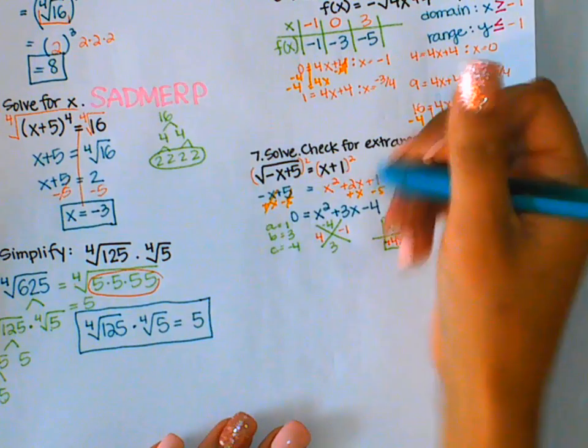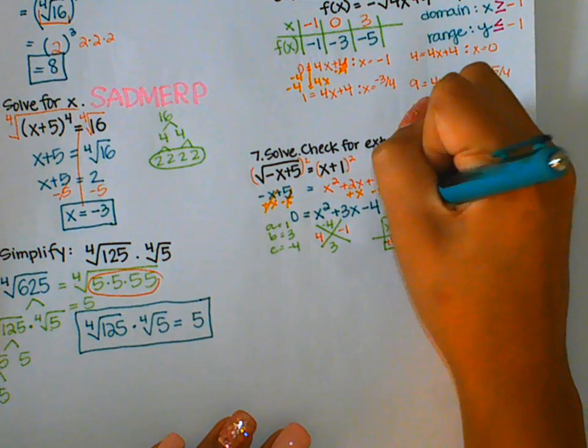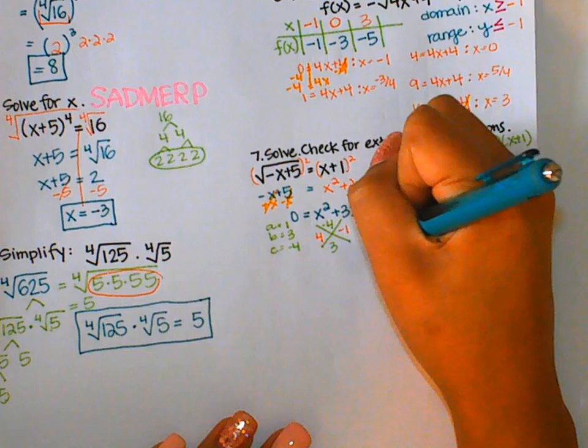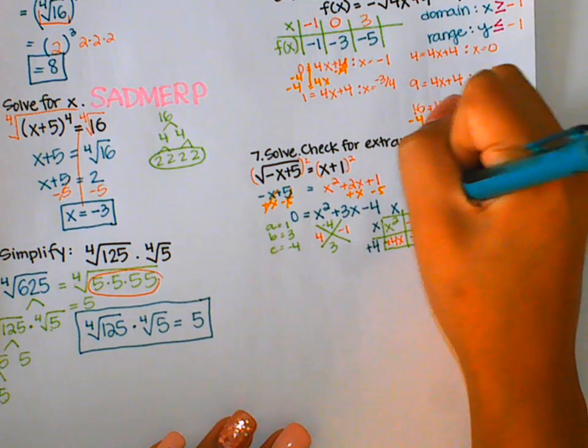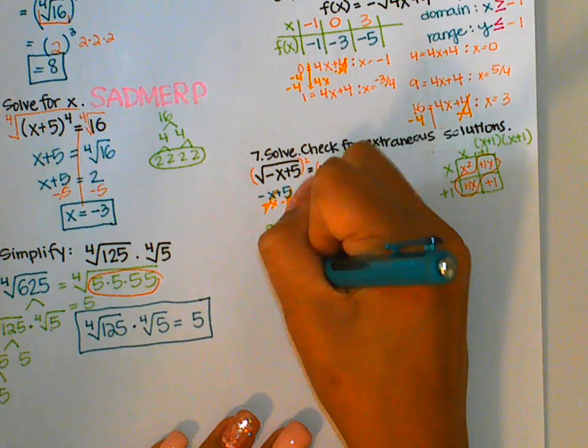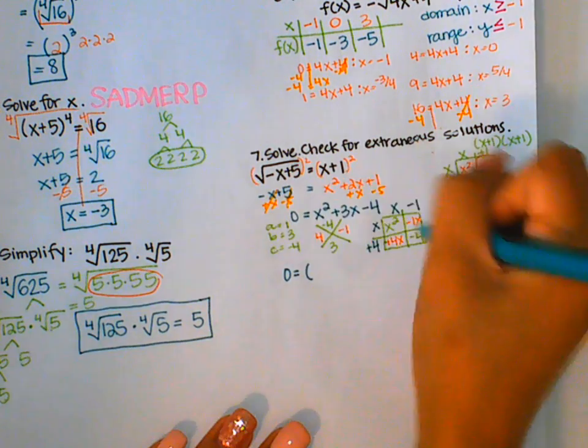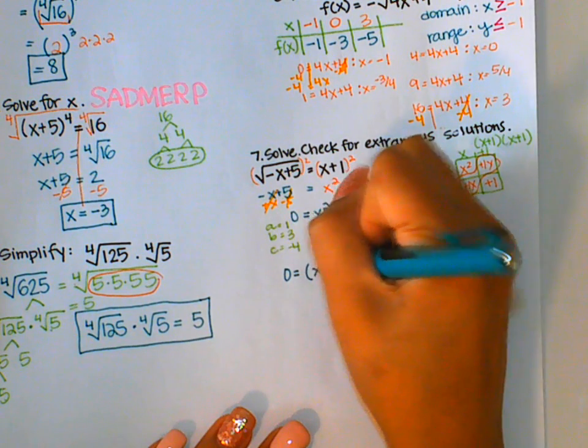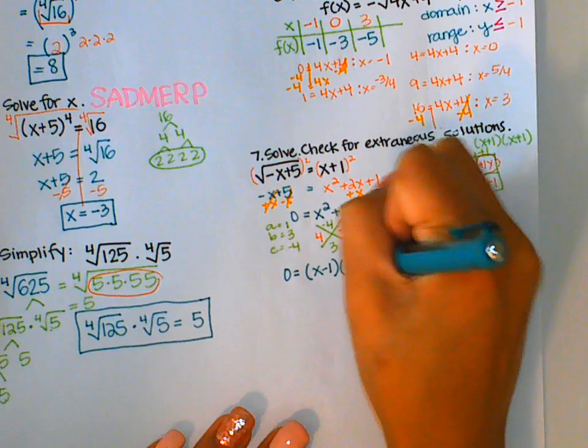So pull out the GCFs here, and that gives me an x. That would be a plus 4 here, and a minus 1 there. So 0 is x minus 1, x plus 4.